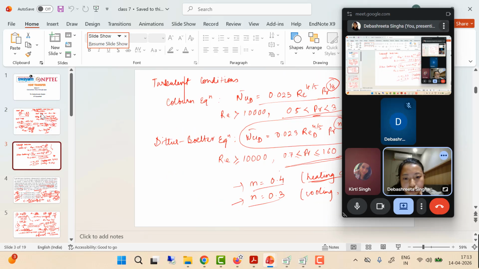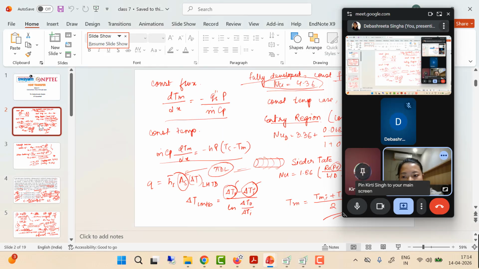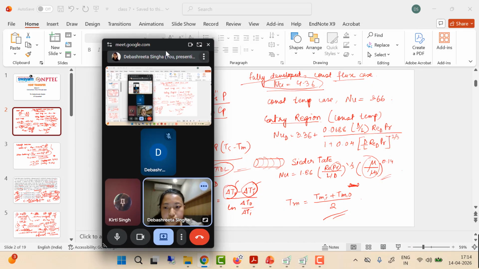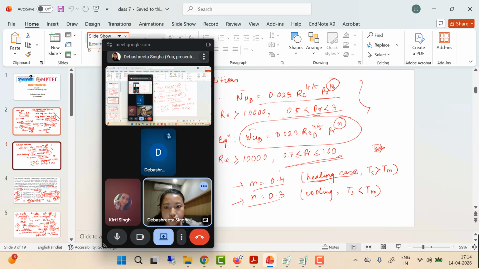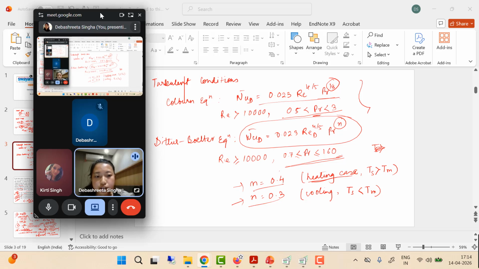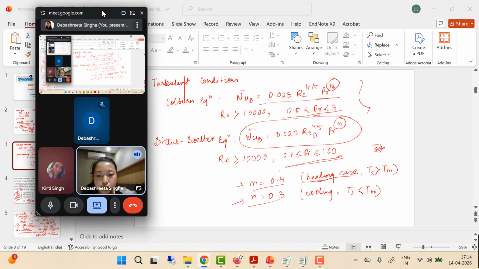Then flow through a pipe. After the flat plate, the next one is the pipe. For the pipe, we have the Sieder-Tate equation. If it is laminar, there is a different one, and for turbulent flow we can use the Dittus-Boelter equation.